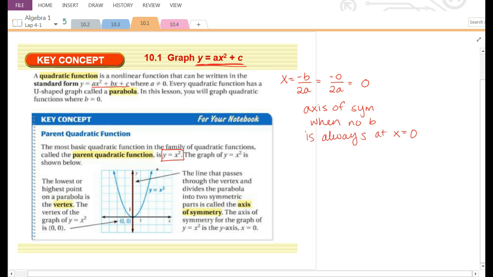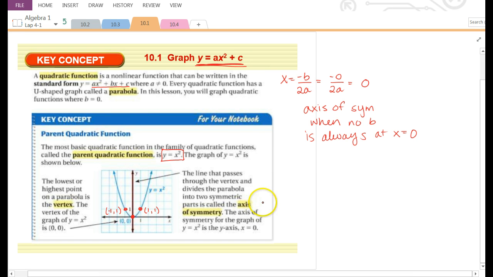The parent function has a vertex at 0, 0, always. What's also good to know is that there will always be points at the parent function at 1, 1 and negative 1, 1. Good for you to know. Makes it easier to graph when you're graphing the parent function if you can remember those 3 points.